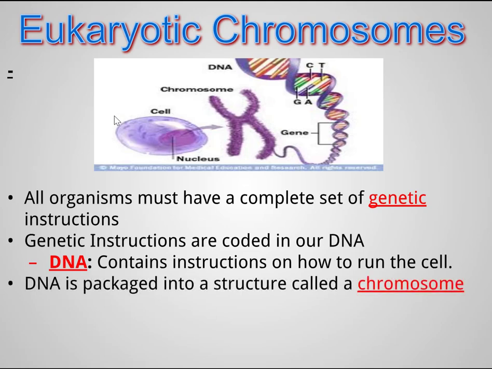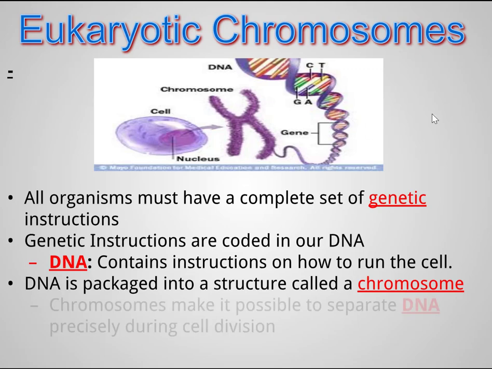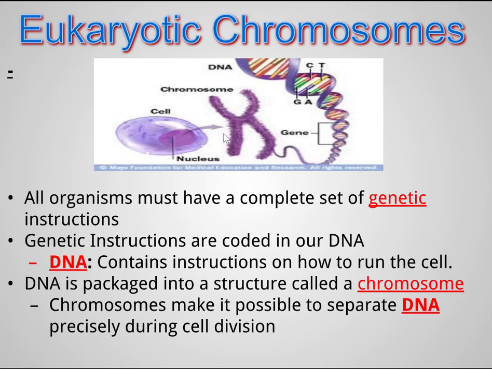Now, DNA is very hard to see. So what DNA does is it packages itself, so it squishes itself down, and it forms these chromosomes, this X shape. Now, we cannot see DNA in this double helix form, but when it condenses down into a chromosome, we can see it. And it makes things a lot easier to separate.